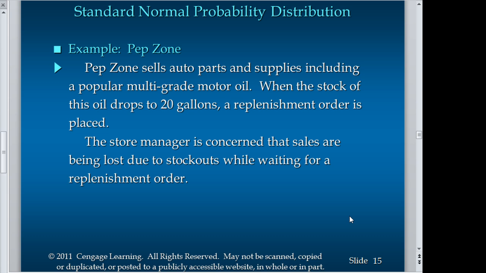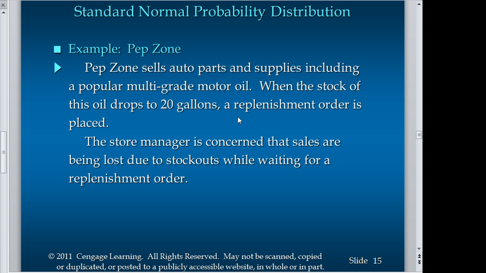Let's try this question. So this question says, Prep Zone sells auto parts and supplies, including a popular brand of motor oil. When the stock of this oil drops to 20 gallons, they order a little bit more, right?